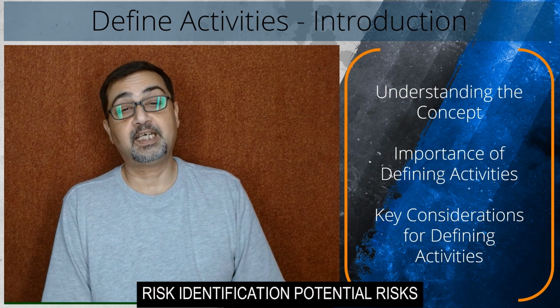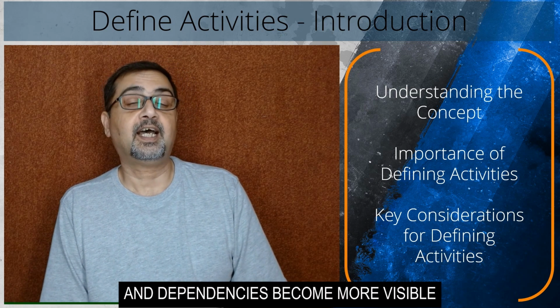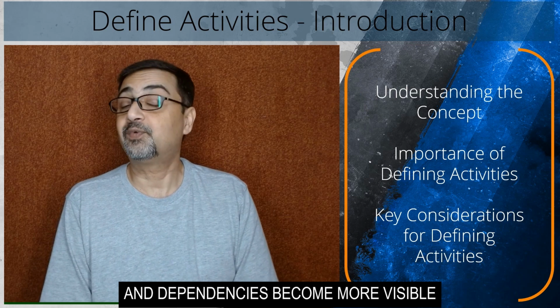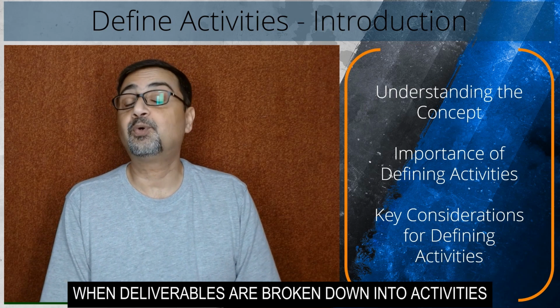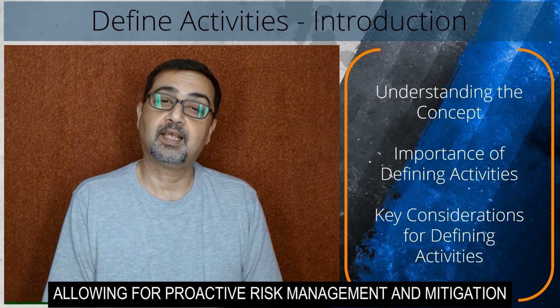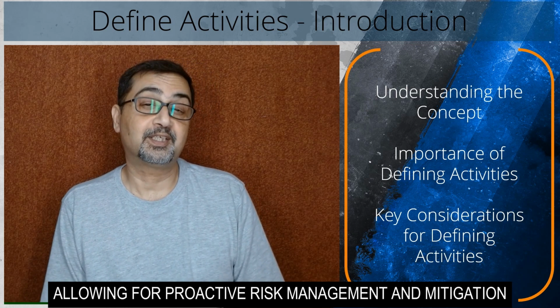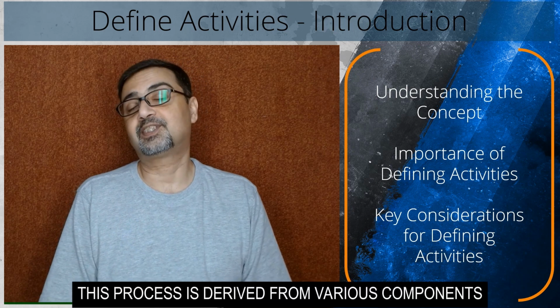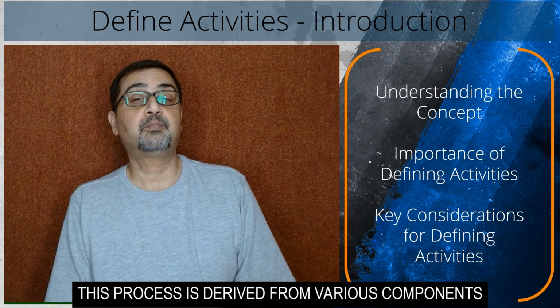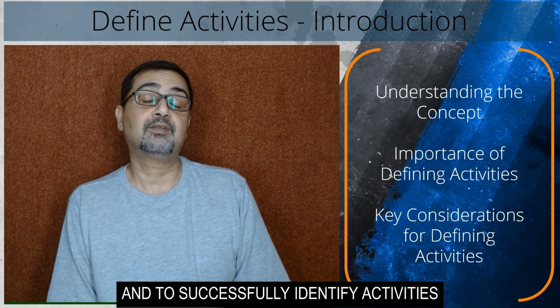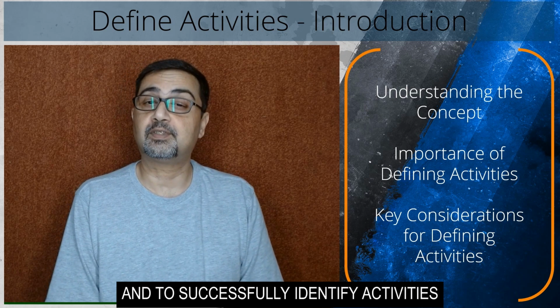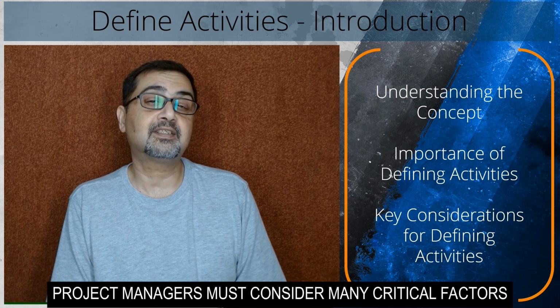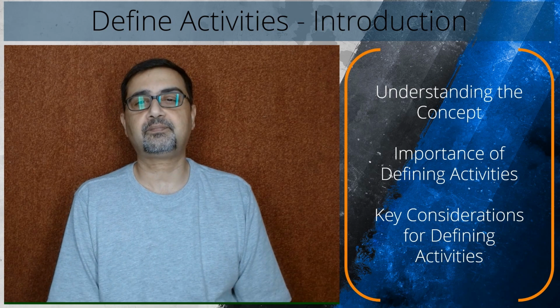Risk identification: potential risks and dependencies become more visible when deliverables are broken down into activities, allowing for proactive risk management and mitigation techniques. This process is derived from various components of project management, and to successfully identify activities, project managers must consider many critical factors.